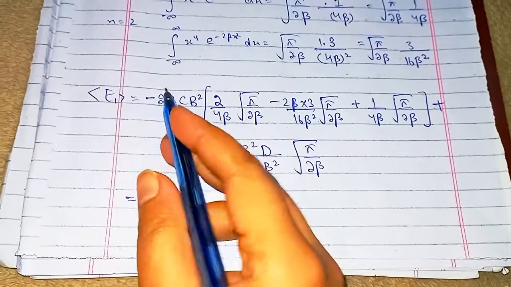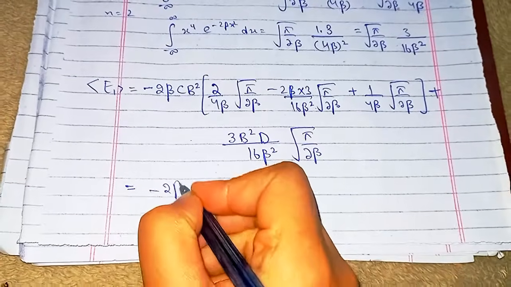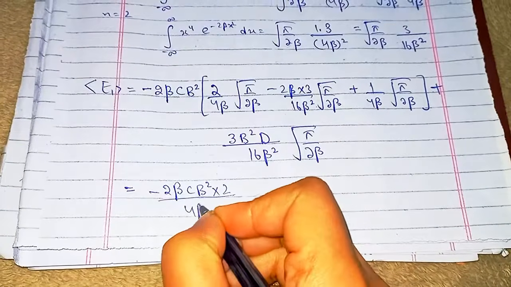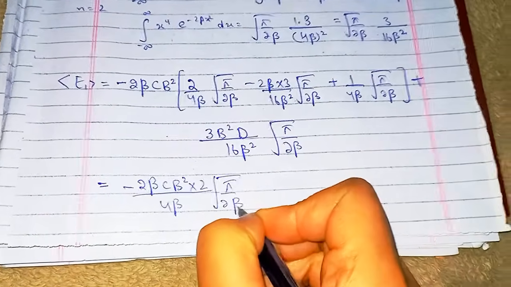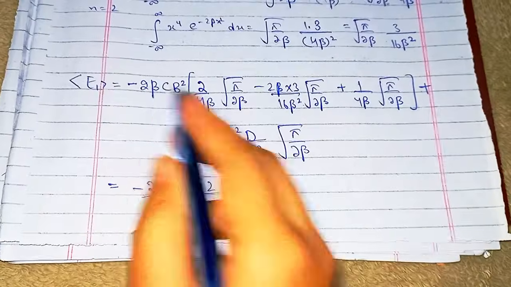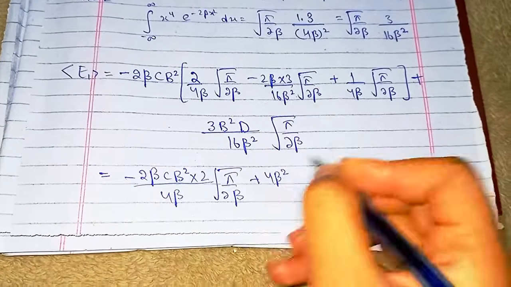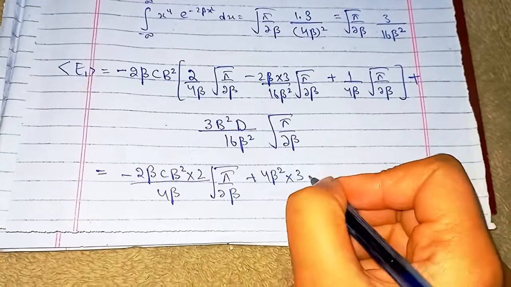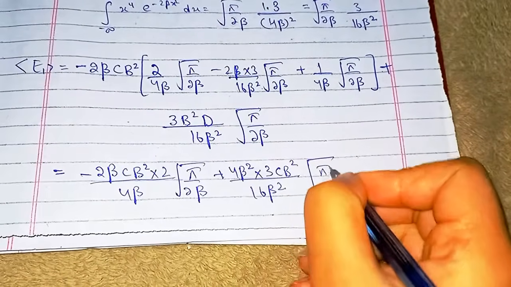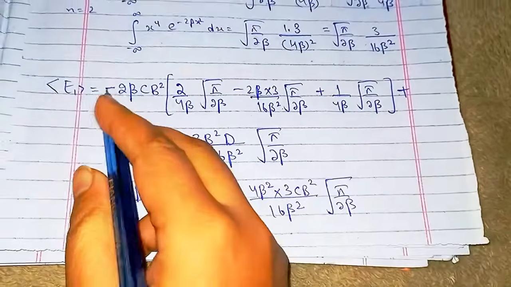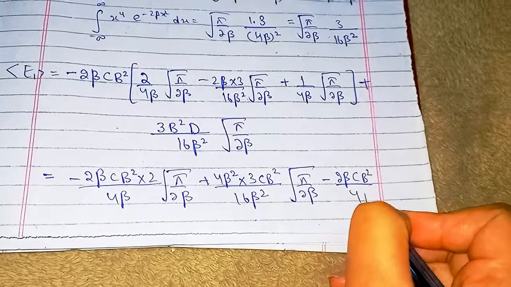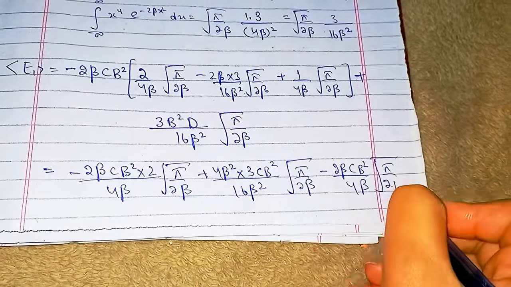We'll multiply it inside, so it's minus 2 beta c b squared, this 2 by 4 beta under root pi by 2 beta, then this minus minus becomes plus, it's 2 beta, it's 2 beta here as well, as 4 beta squared, 3 as well c b squared divided by 16 beta squared under root pi by 2 beta, then this plus minus becomes minus, and it's 2 beta c b squared by 4 beta pi by 2 beta.